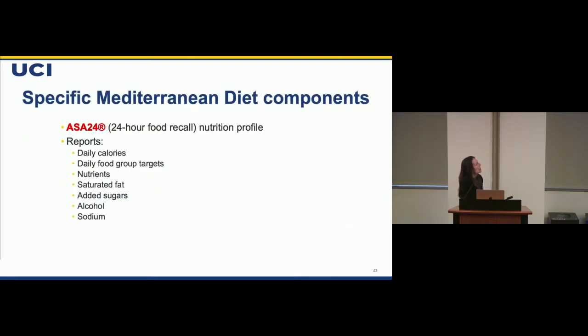And then we were also able to get specific things that people were eating, because we did this ASA24, where at certain time points during the study, patients reported exactly what they ate over a 24-hour diet period. So we had every single thing that went into their mouth during a 24-hour period, so we could get calculations of specific components of their diet.